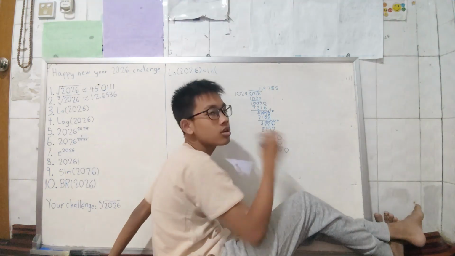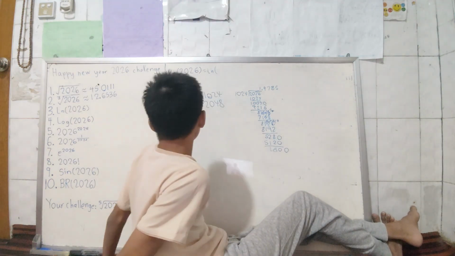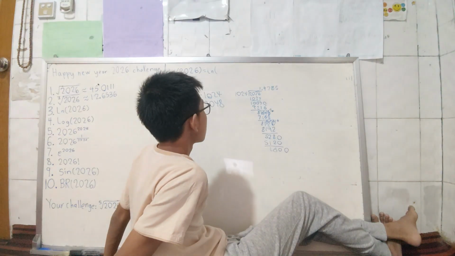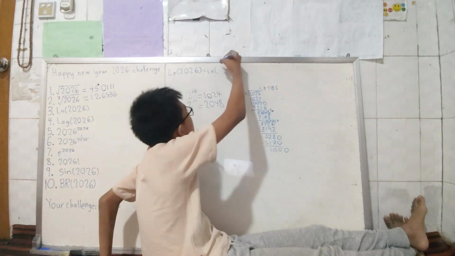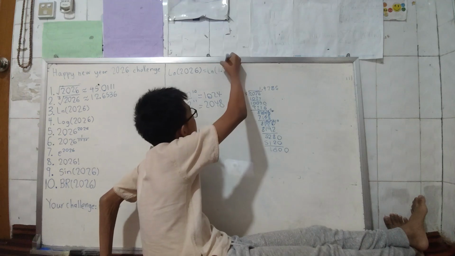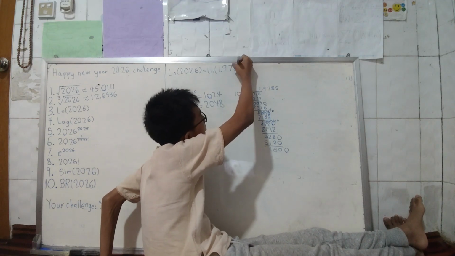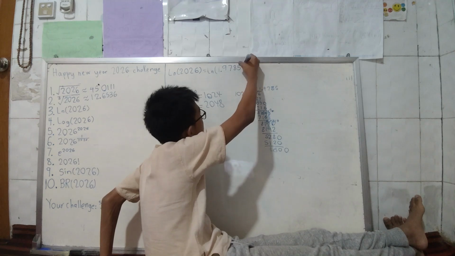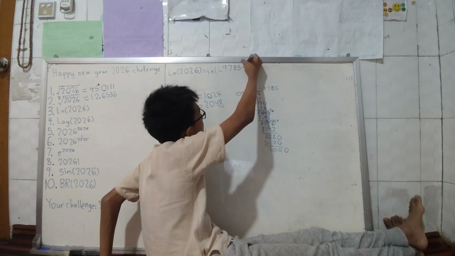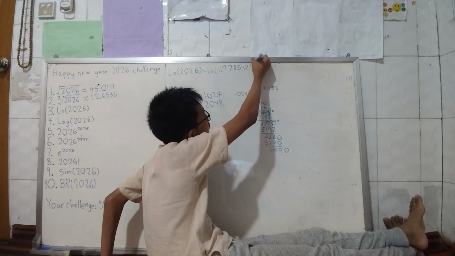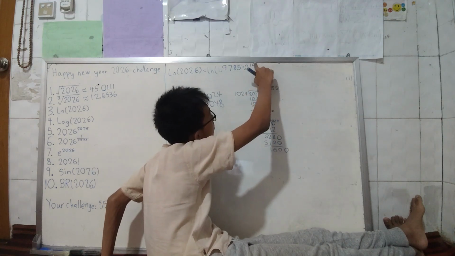And let's just take 4 decimal places as precision, okay? Because we only approximate the 4 decimal places. So that's going to be 1.9785 times 2 to the power of 10 right there.